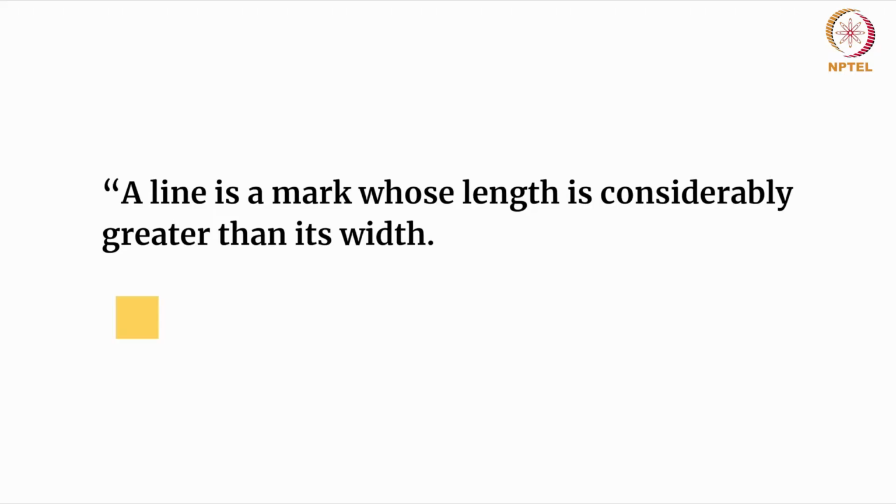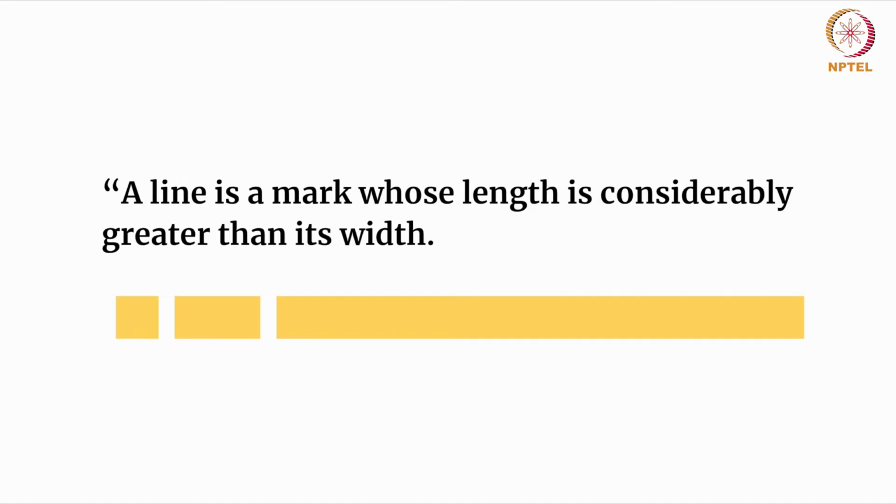If you look at this yellow color square, because its boundaries are the same, it looks more like a dot or a shape. Do you agree? But once the length is increased, it starts appearing like a line.